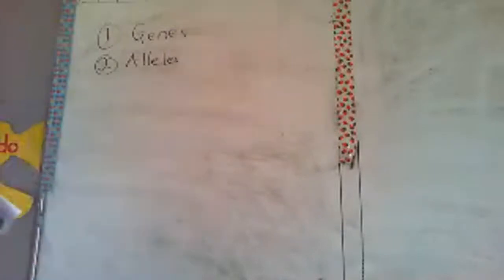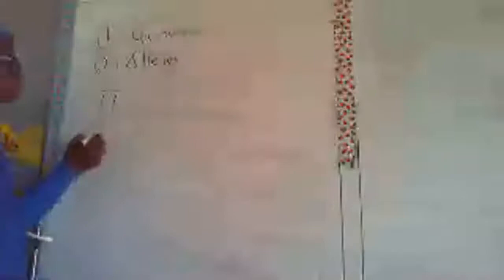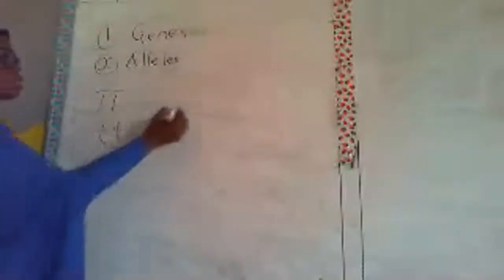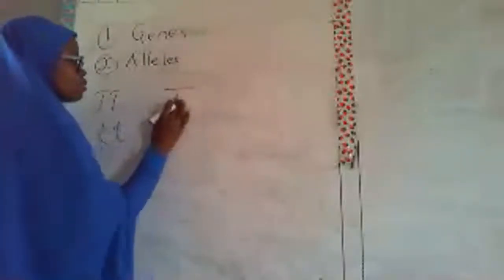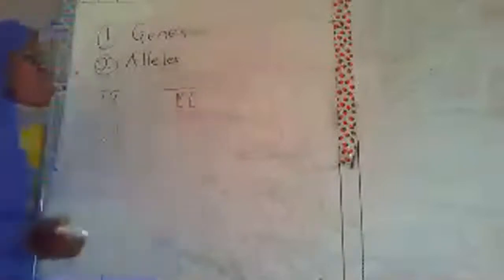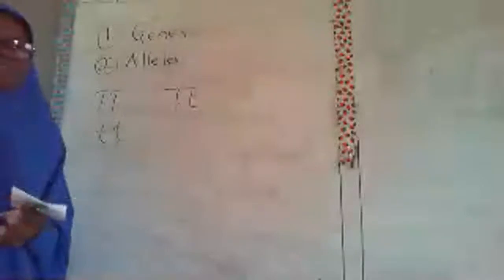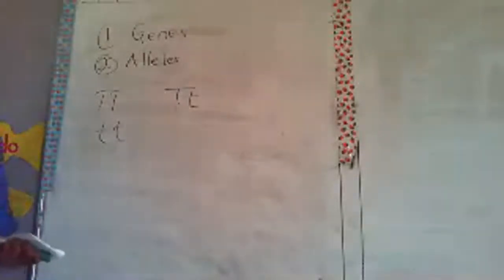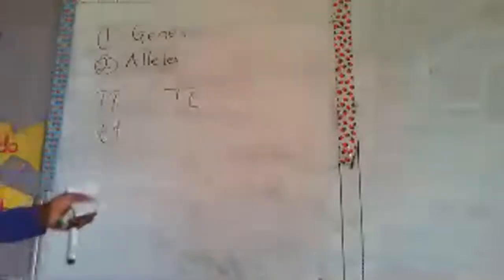Now, the alleles can either be the same or different. When they are different and they are inherited together, the one that expresses itself more or manifests more is the what? The dominant allele. And the dominant allele controls dominant characters.